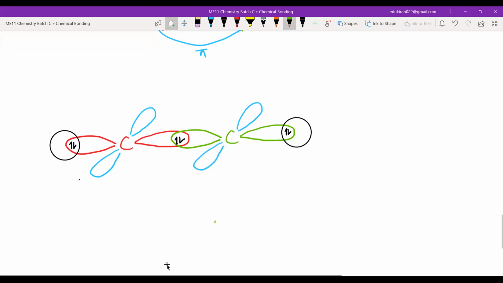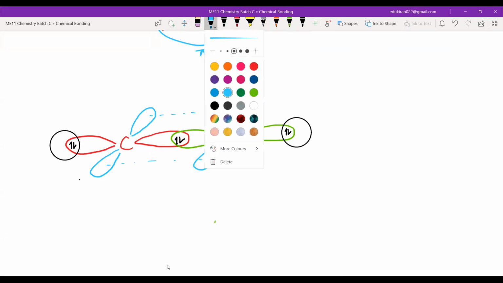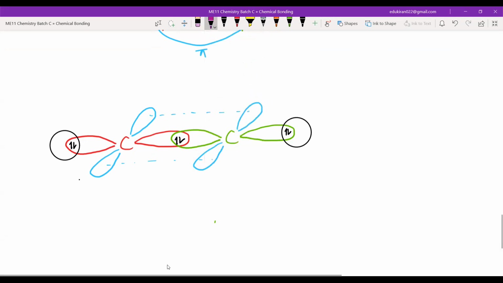Okay, now these two will be interacting like this. Now let us make one of the p orbitals in some other color. This is a different color, purple.